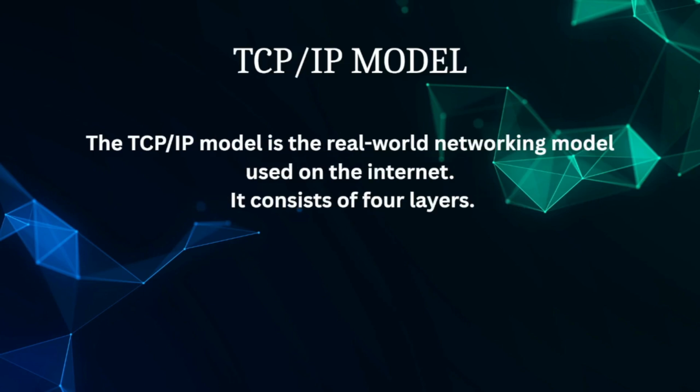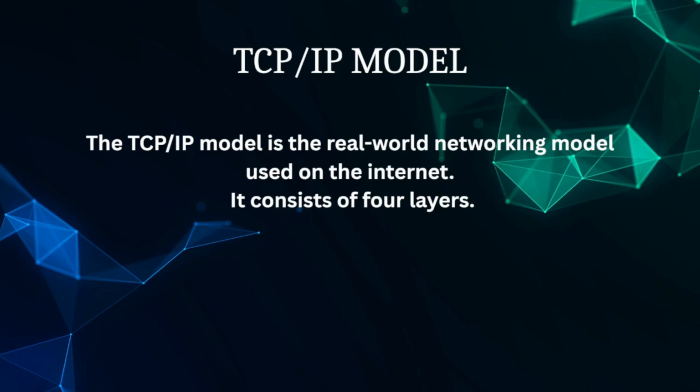TCP/IP model, a set of protocols that dictate how data is exchanged over the internet, consisting of 4 layers. The TCP/IP model is the backbone of the internet, guiding data transmission from the physical network to the application.